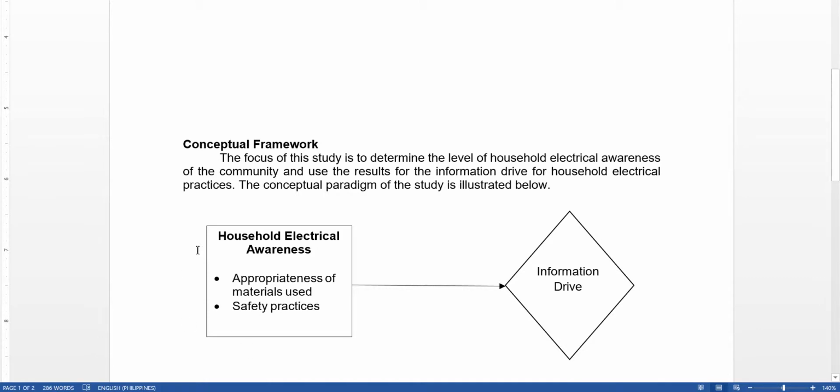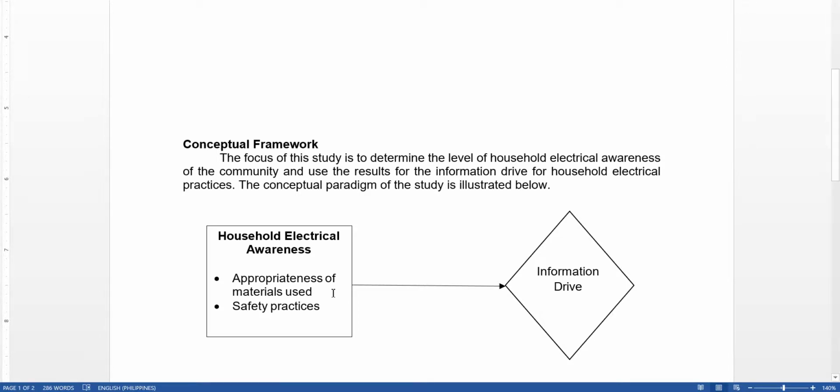As you can see here, this is our variable, the household electrical awareness, and we only have two indicators. The first indicator is the appropriateness of the materials used, and the second indicator is the safety practices.